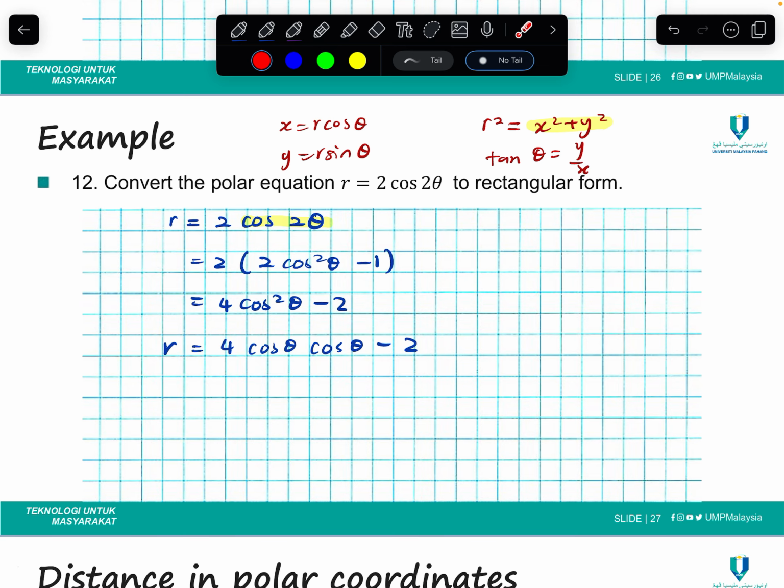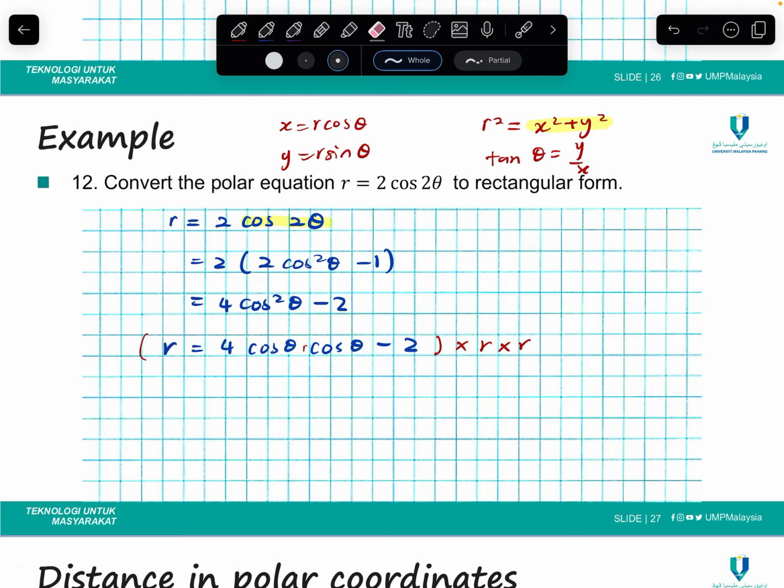So here we have cos theta, so we miss r. So what to do? You just need to multiply every term by r. And here we also need another r times r again.